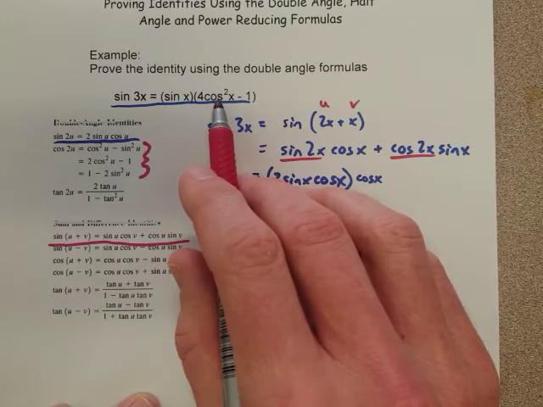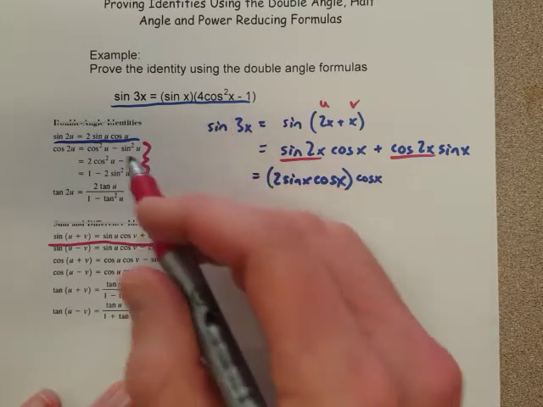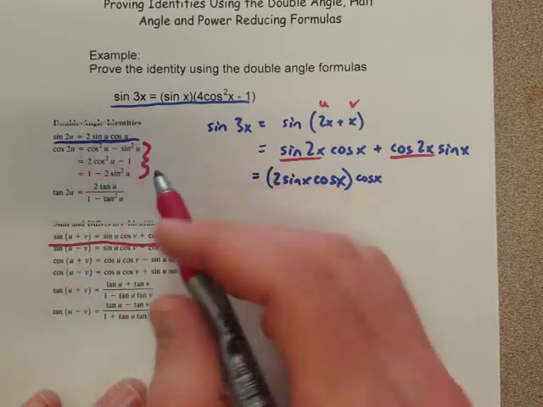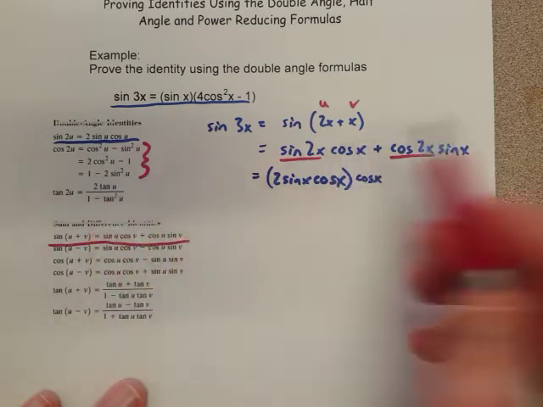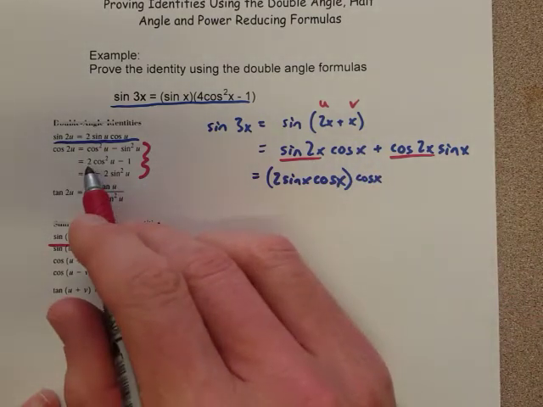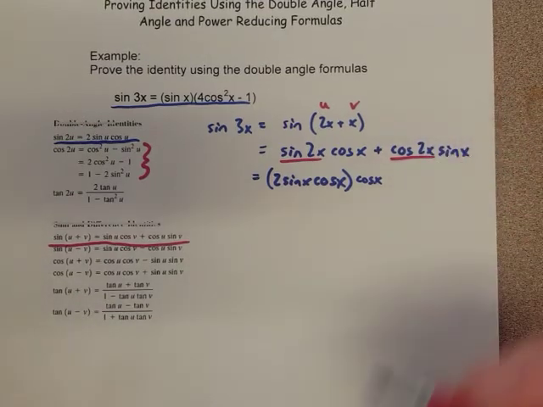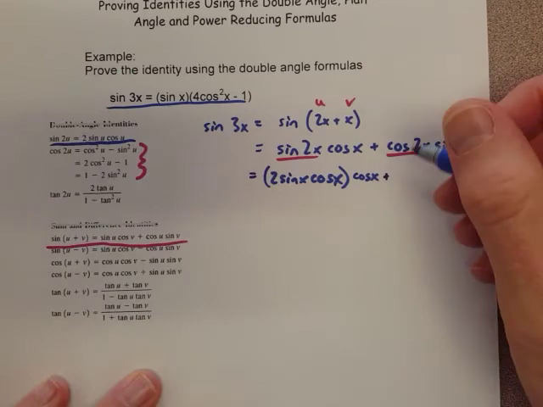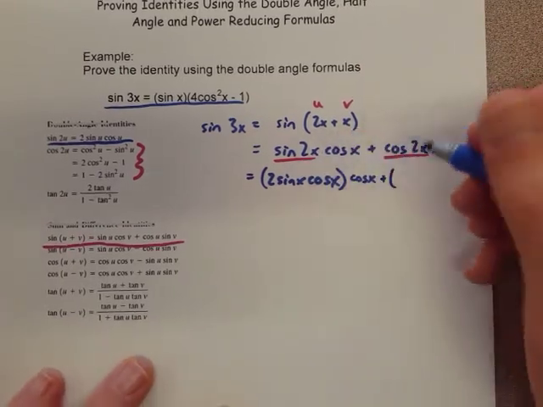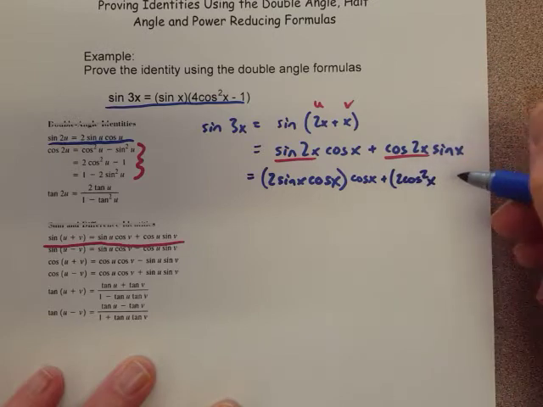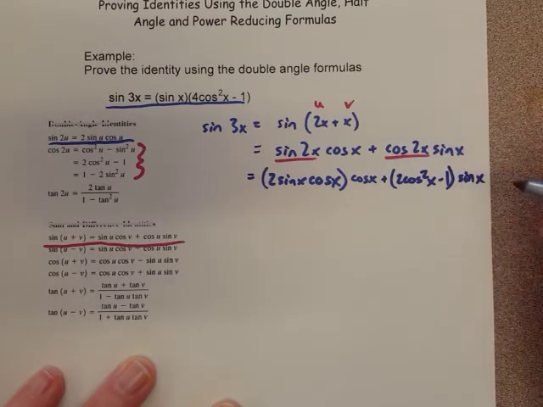So what I would do with this one is pick the version of this cosine 2x formula that only displays cosine squared, and I see that one right there. So my inclination on this problem is to say, all right, let's do 2 cosine squared of x minus 1, and then don't forget about the sine x that's out on the outside as well.